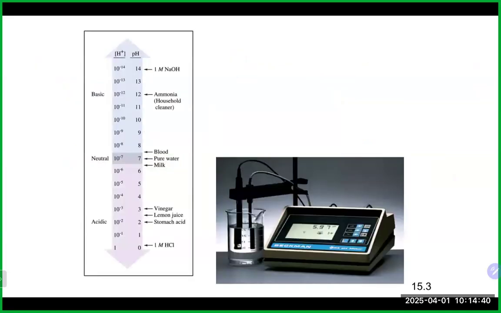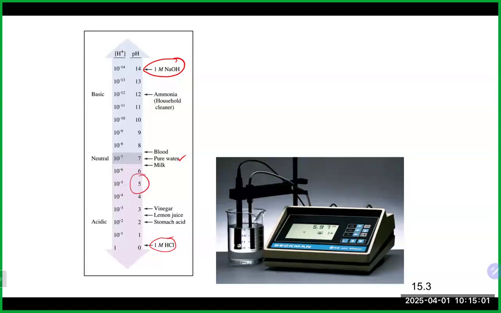So there's our pH scale, and again, we could see some things there like sodium hydroxide, which is a strong base up there at a pH of 14. We have some HCl there, which is a strong acid. We have pure water, which is 7. By the way, if you have water out and you check the pH, will it be 7? It will not.